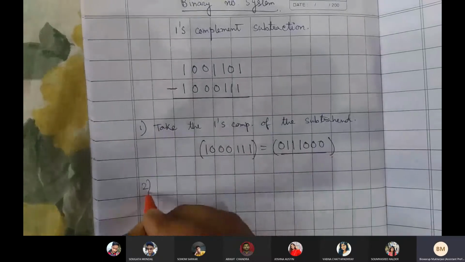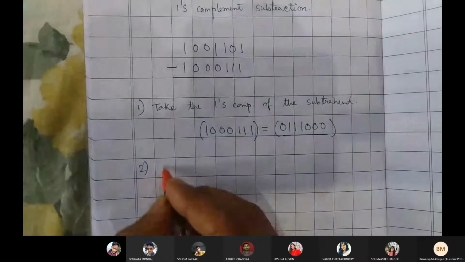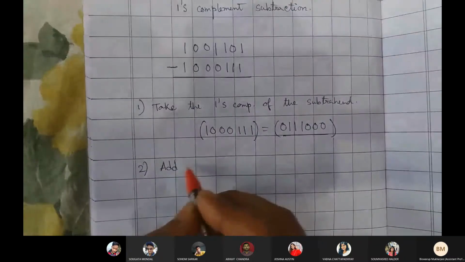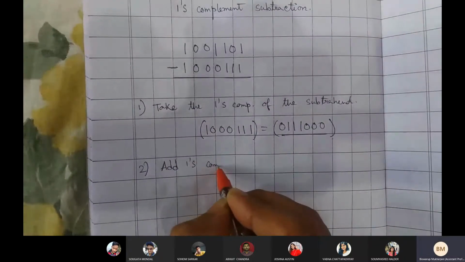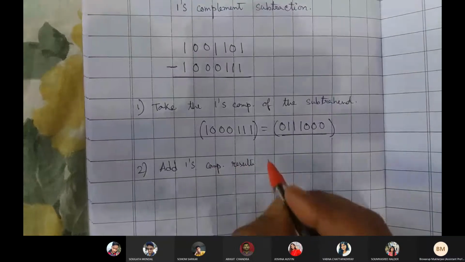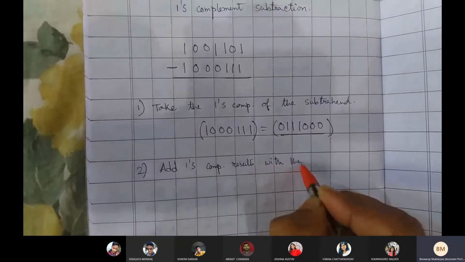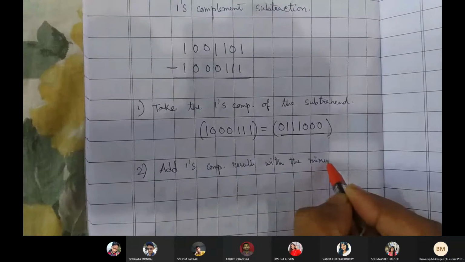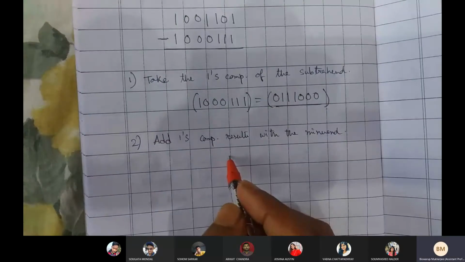Now number 2, add this ones complement result with the minuend. Right. So what is that?